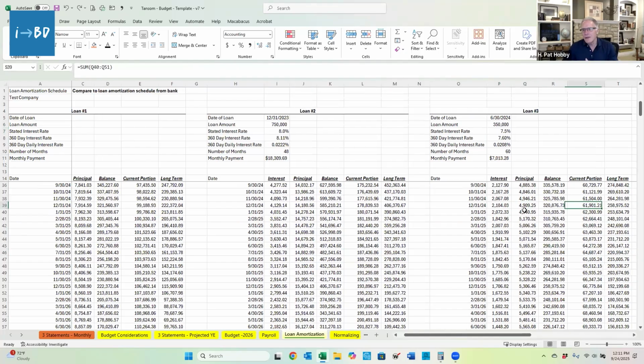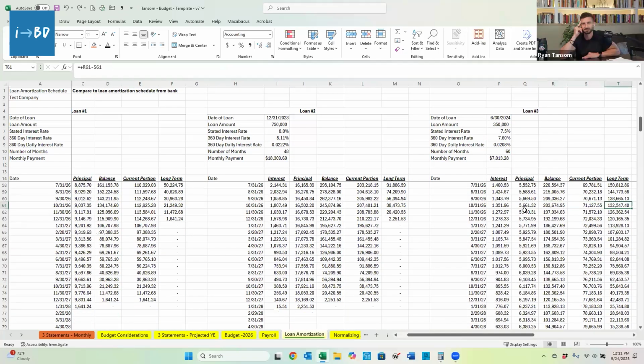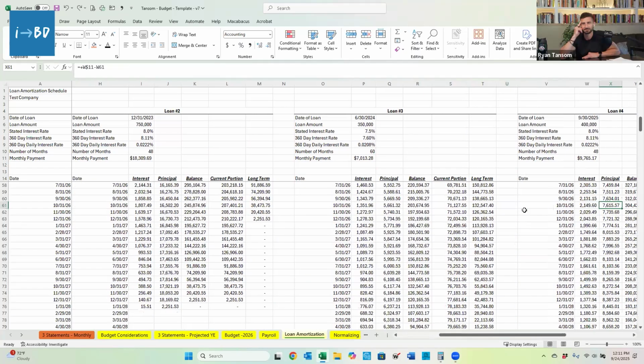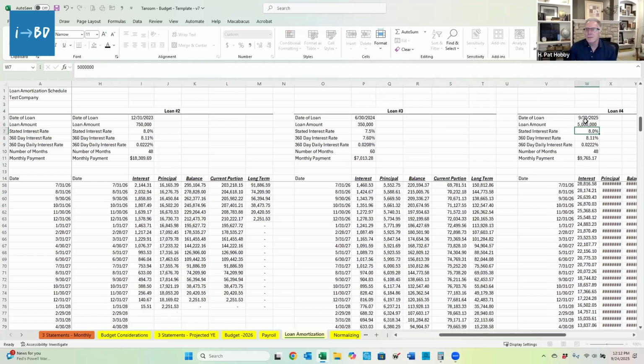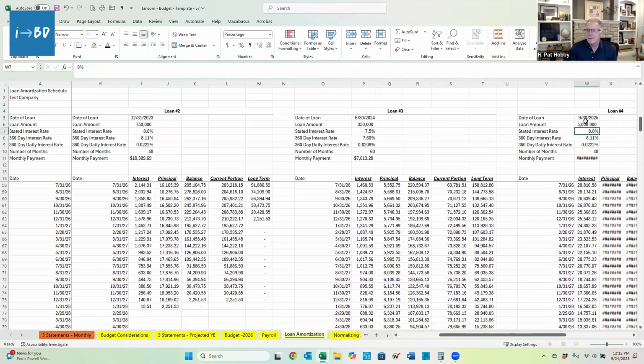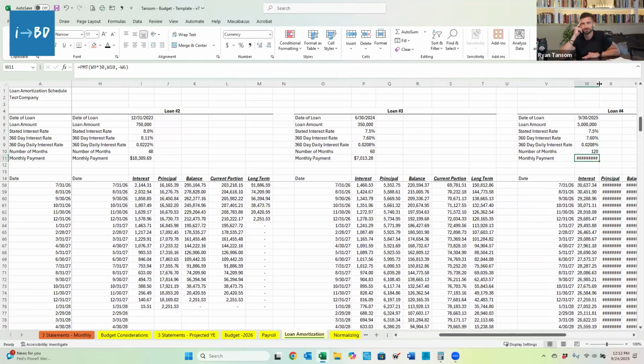And then you just know what your debt is all the way. You can just change these amounts. If you wanted to get that $5 million and it was going to be 7.5% over 10 years, you've got it. That's so awesome.